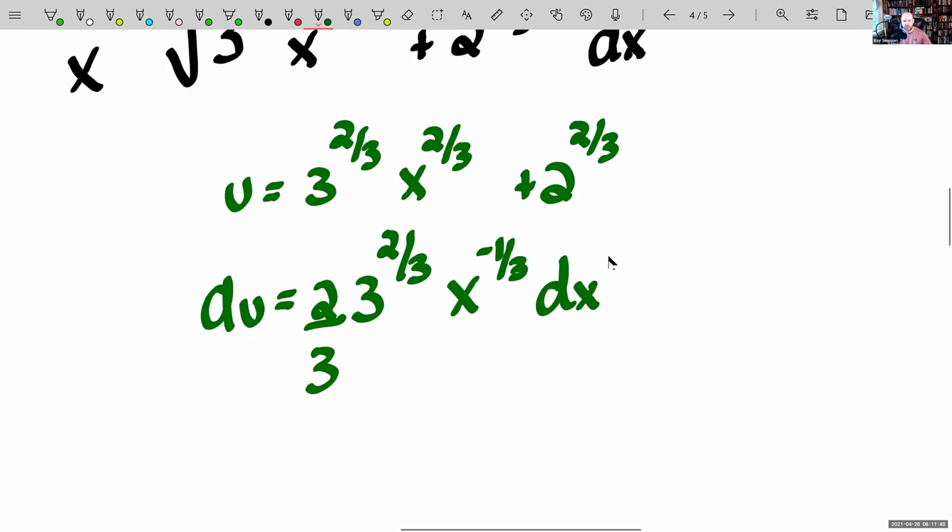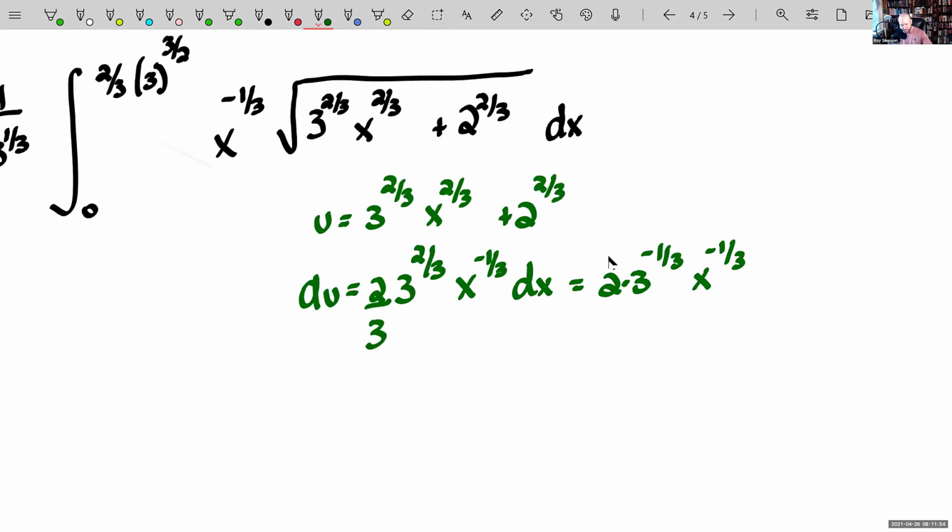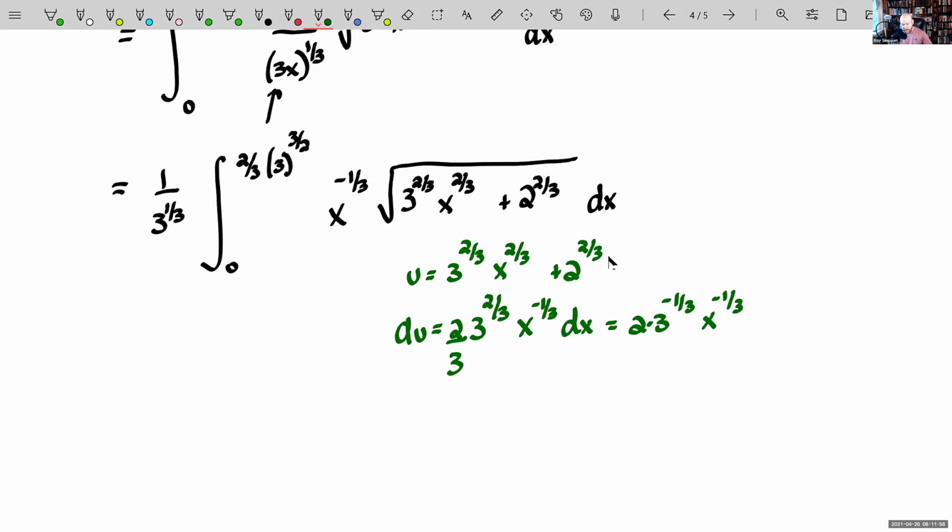Now, let me simplify that to showcase exactly what it will steal away, because it's not so obvious. Times, that's a times. And if you don't see it, oh, there's a dx too. If you don't see it, we have a lot of that to steal away. A dx, it's right here. X to the negative 1/3, right there. 3 to the negative 1/3 is actually what that is. So this actually simplifies fairly quickly.